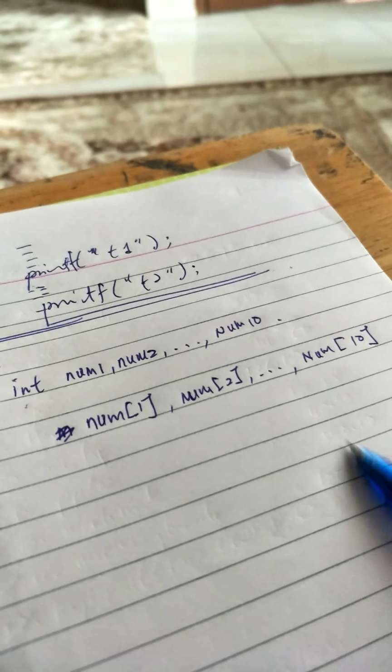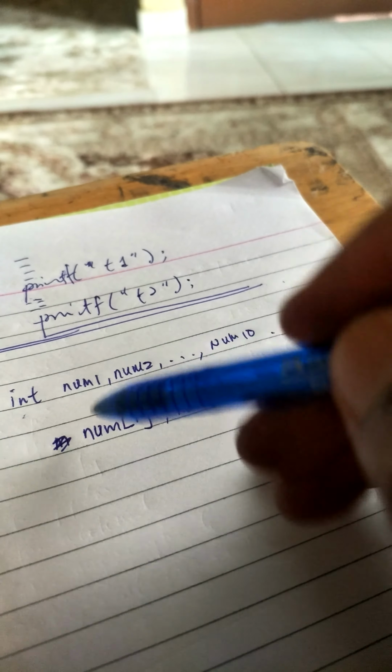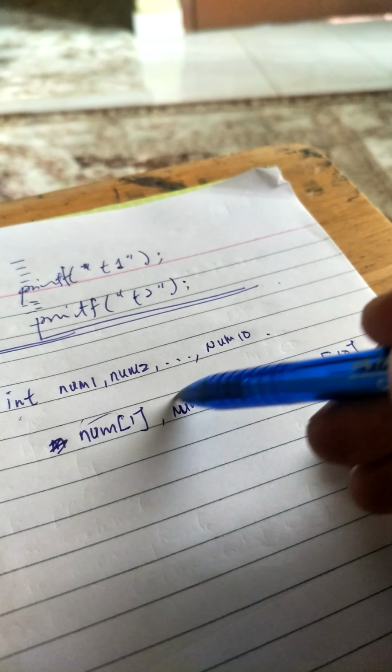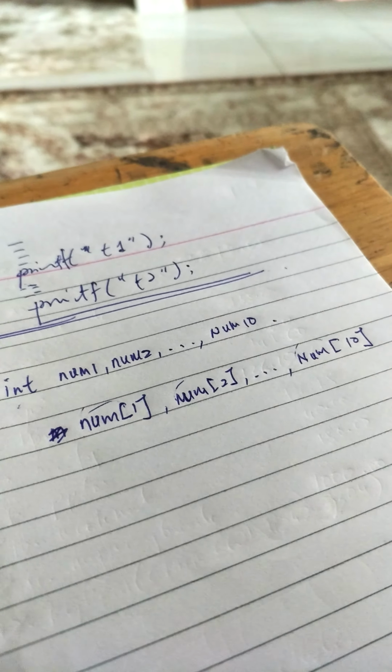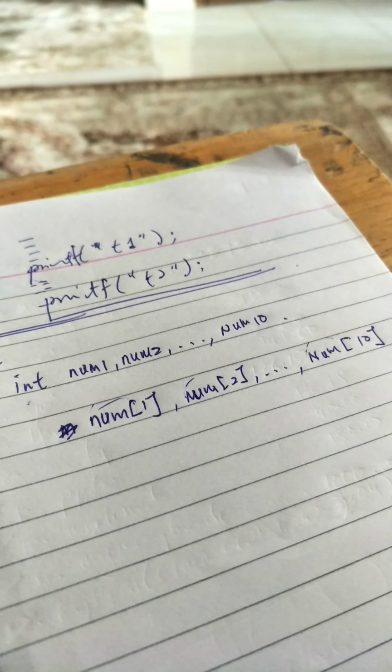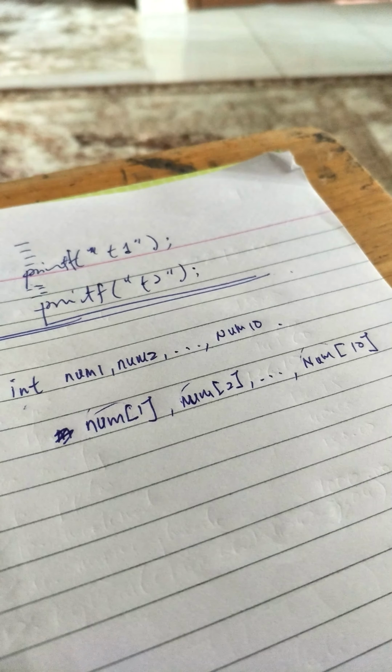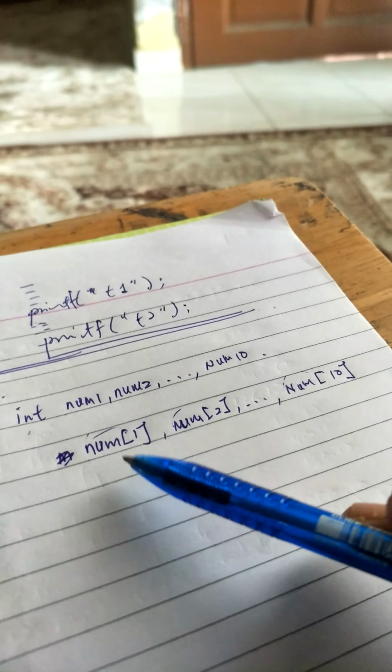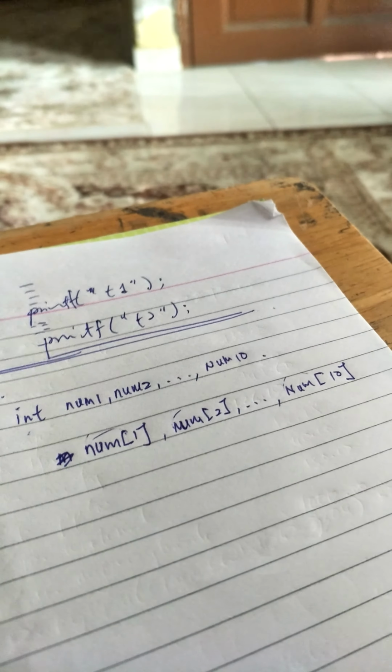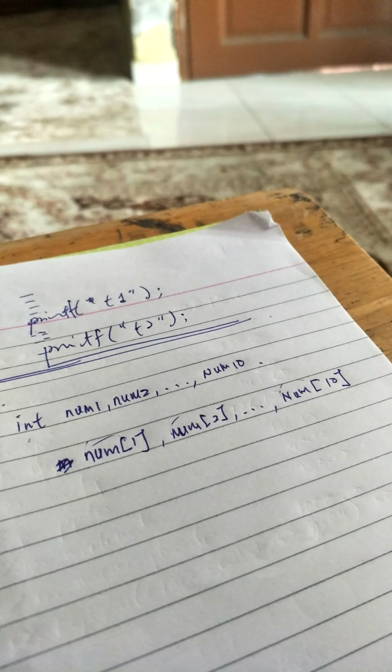So this num is just a single variable, but it can store up to 10 values.